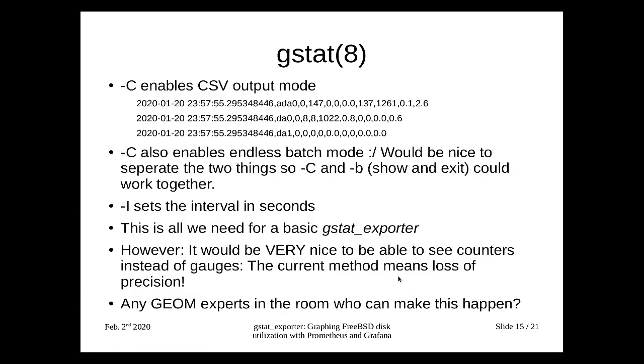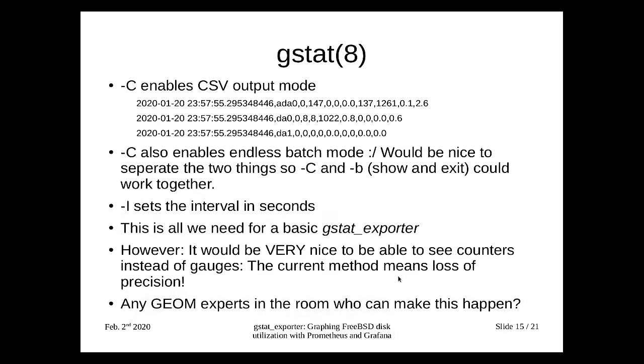You can't just make it output values once and exit. So that should probably be added, because usually in exporters, when Prometheus connects, you scrape the data and then you return it. But I've had to keep gstat running endlessly, and just streaming the output from it into the collector.